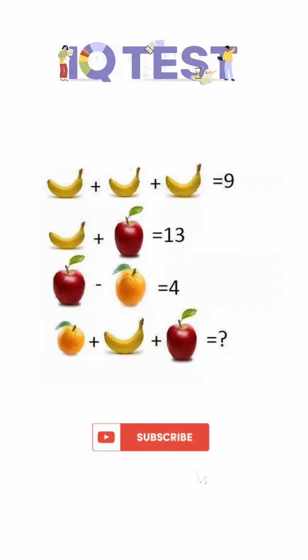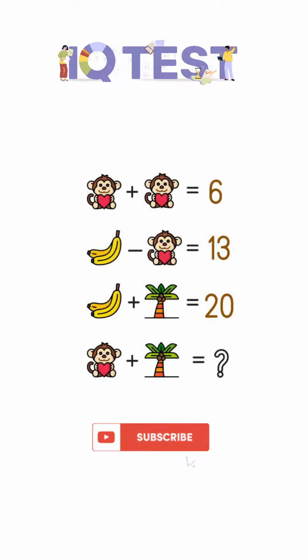Banana is 3, the apple is 10, okay. The orange is 6. I agree. So what is your final answer? Yes, the final answer is 19. Very good. Very good. So let's move on to the next one.